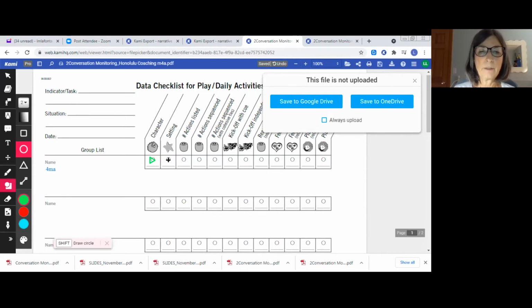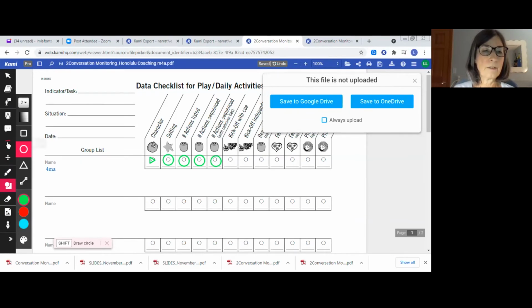We know he had characters and settings. He also had actions listed. He also had actions sequenced in the right order, and I'm going to make a comment about that in a second. And we also know that he had some action sequence with cohesive ties.